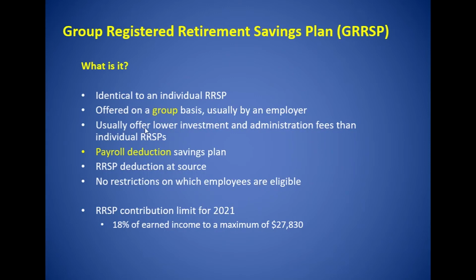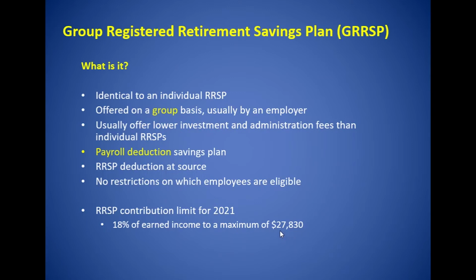Now, because the group RSP program is pretty well identical to an individual RRSP, you are still subject to the overall RRSP contribution limits. And for the year 2021, the limit is 18% of your earned income to a maximum of $27,830.